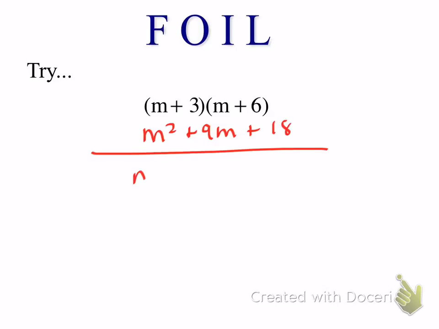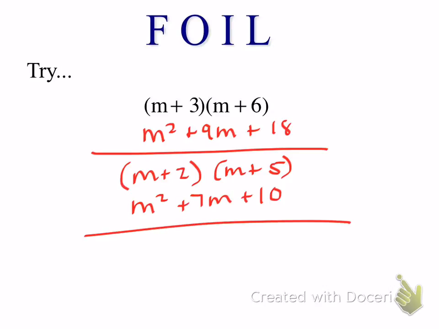Let's try m plus 2 times m plus 5. And that is m squared plus 7m plus 10. Okay, what if I have x plus 6 times x plus 7, it is x squared plus 13x plus 42.